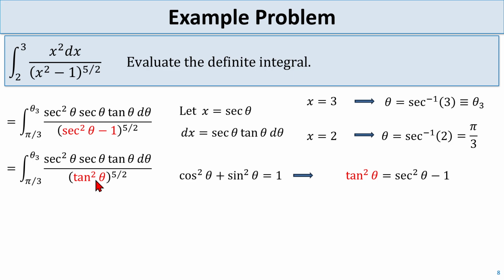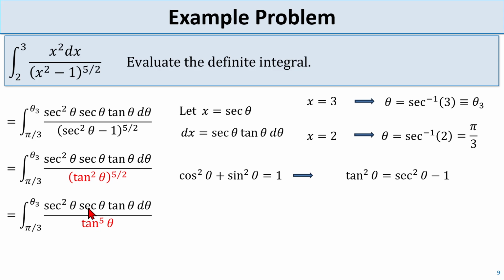Now we have tangent squared of theta quantity raised to the 5/2 power in the denominator. We'll simplify that. When you have a power in parentheses and a power outside, you multiply the powers. So we're going to end up with tangent to the power 5 in the denominator. And clearly there's more that we can simplify.